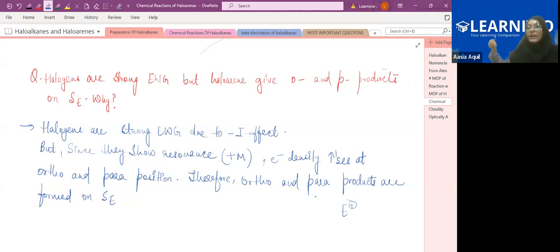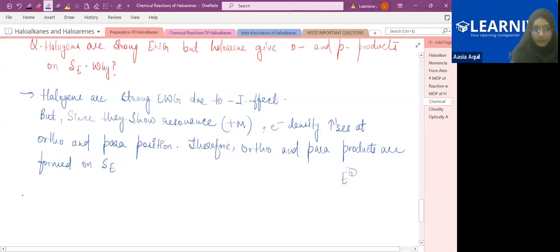Since the electrophile is electron deficient, it attacks where the electrons are more, right? So the electrophile comes and attacks the ortho and para position, and you will get the ortho and para product. And the para product is the major product. Always remember the para product is the major product and the ortho one is your minor product.